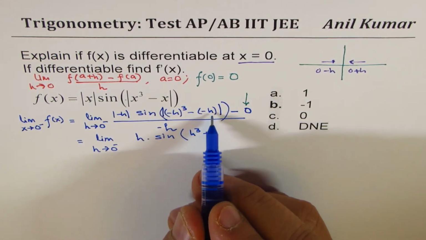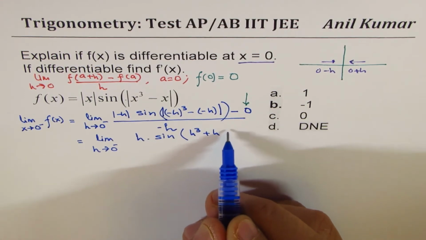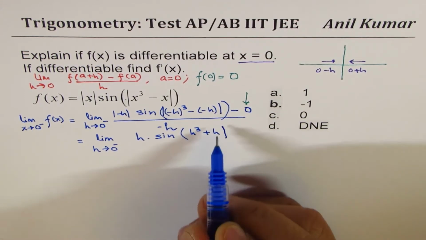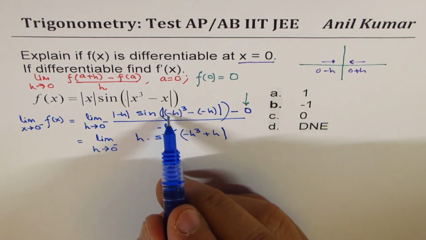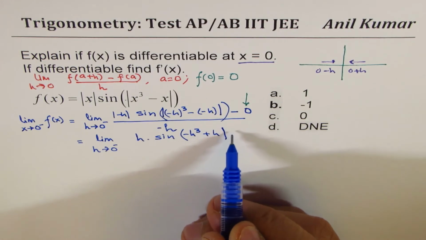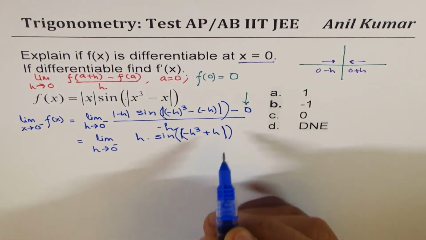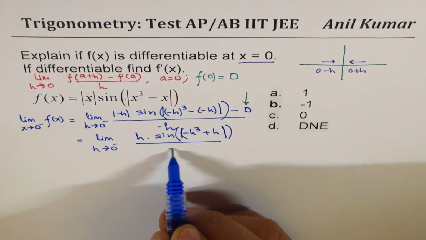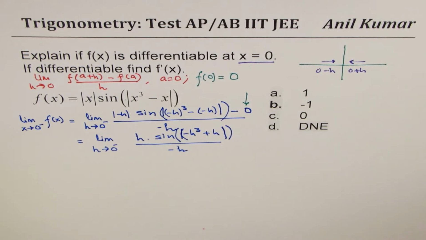Minus minus becomes plus h absolute value. Correct? So when you open this, this is minus h cubed, right? This is minus h cubed and absolute value of that. I mean, absolute value and then this bracket closes. Over minus h, correct? Now, h and h cancel.